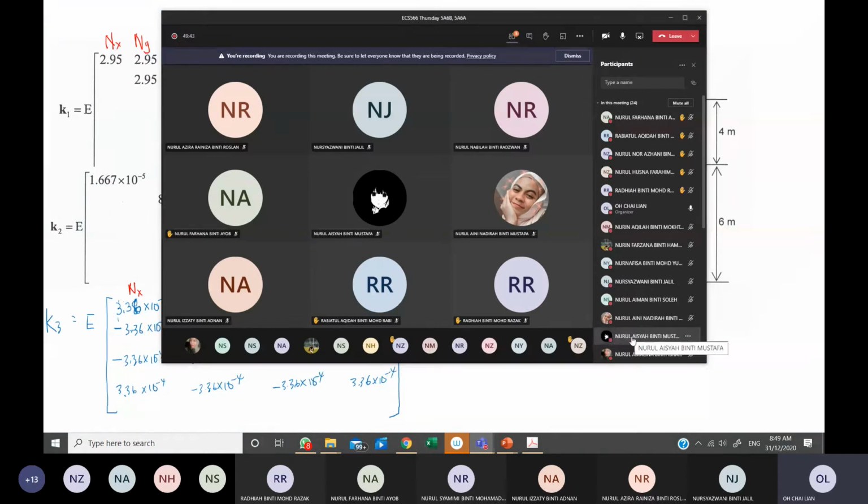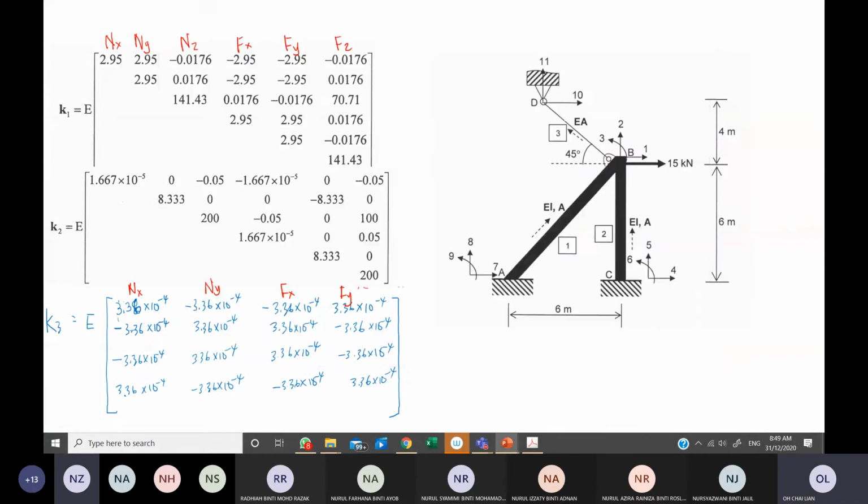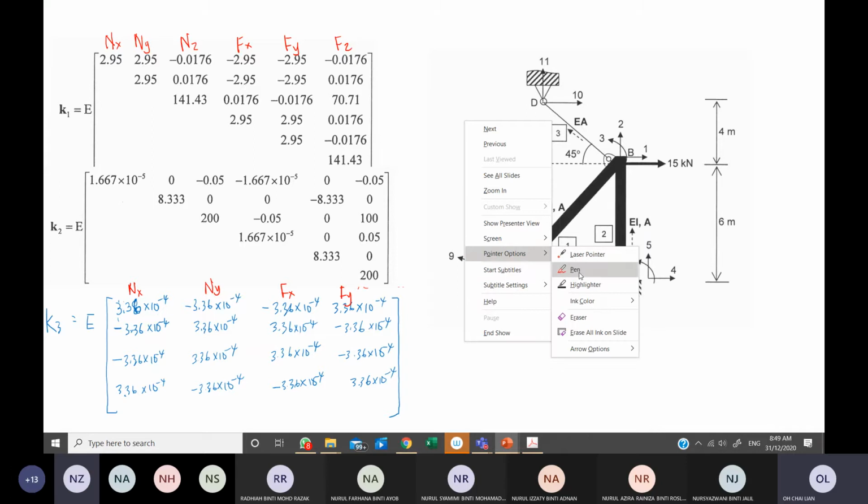So how about Azhani? Azhani, are you here? Yes, doctor. Can you help to give the K1 numbering? Do you know how to do that? Yes.